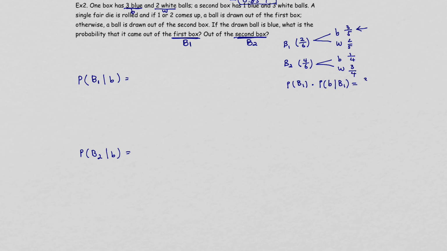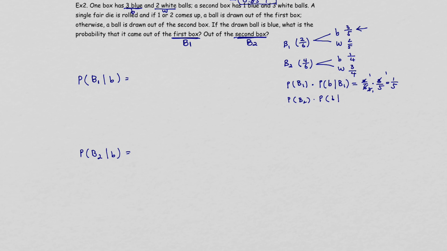That's going to be, let's change the order, 2 out of 6 times 3 out of 5, which I will end up getting 1 out of 5.